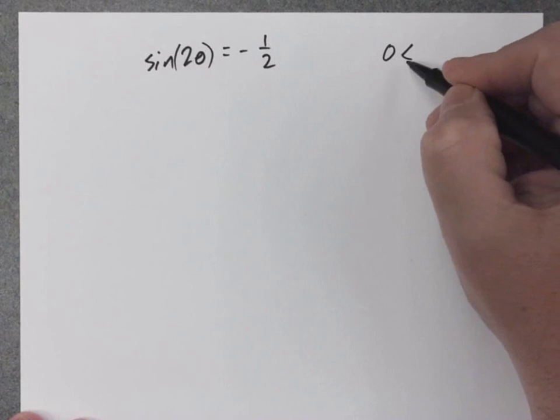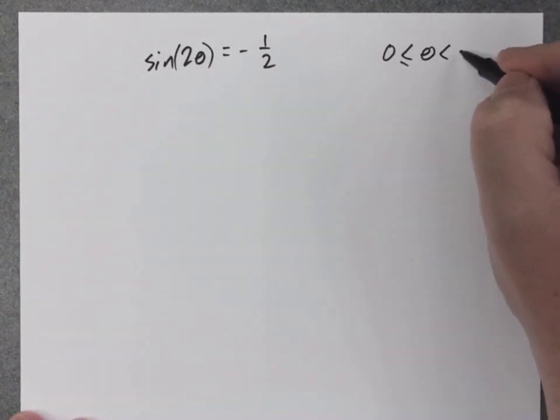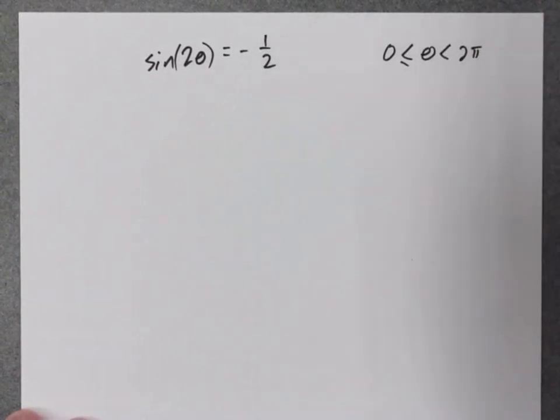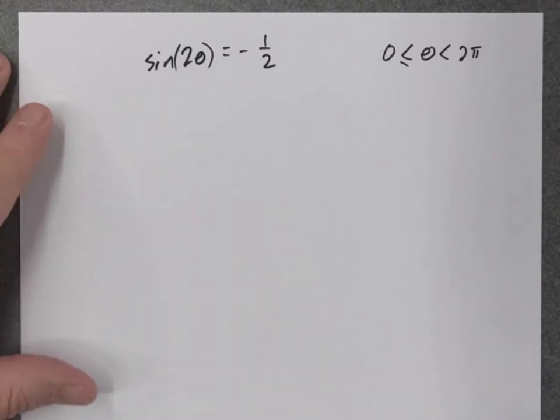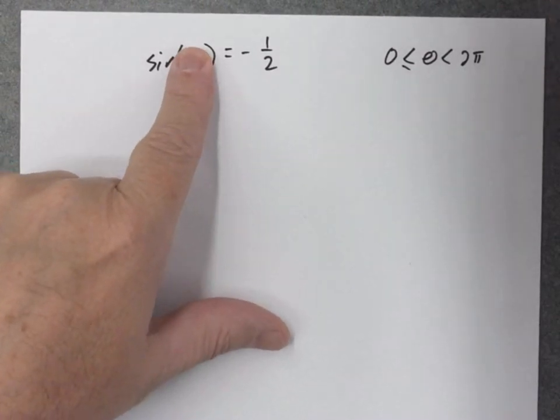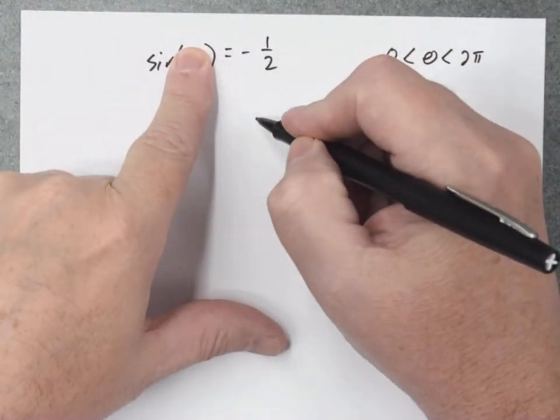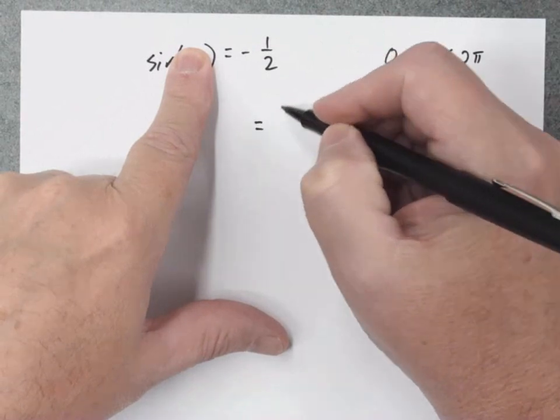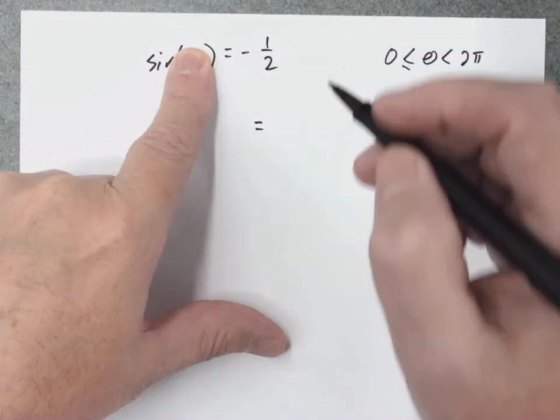They're saying I want the angles between 0 and 2 pi. Even though they say that, I am still going to have to find my general solutions. To get the correct answer, you still have to first work the general solution. So let's go find in the unit circle whatever angles the sine is negative 1/2.